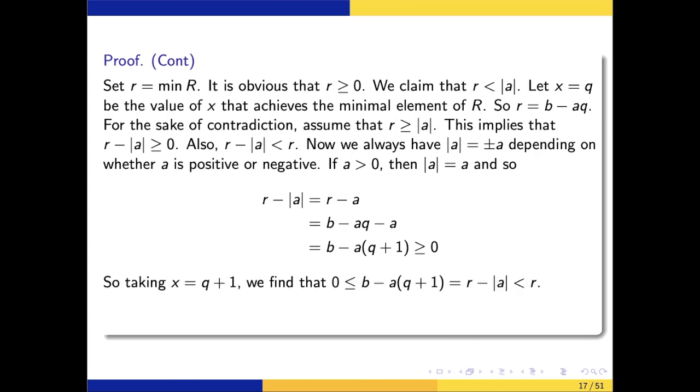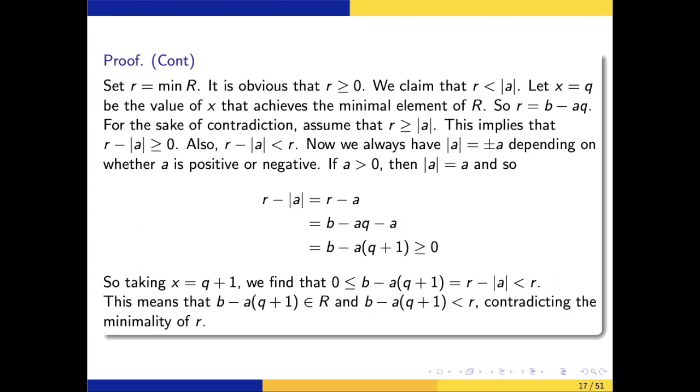So if we take x equal to q plus 1, we find that b minus a times (q plus 1) is non-negative and it's equal to r minus |a|, which means it's less than r. This means that b minus a times (q plus 1) is an element of R that is less than r, contradicting the minimality of r.